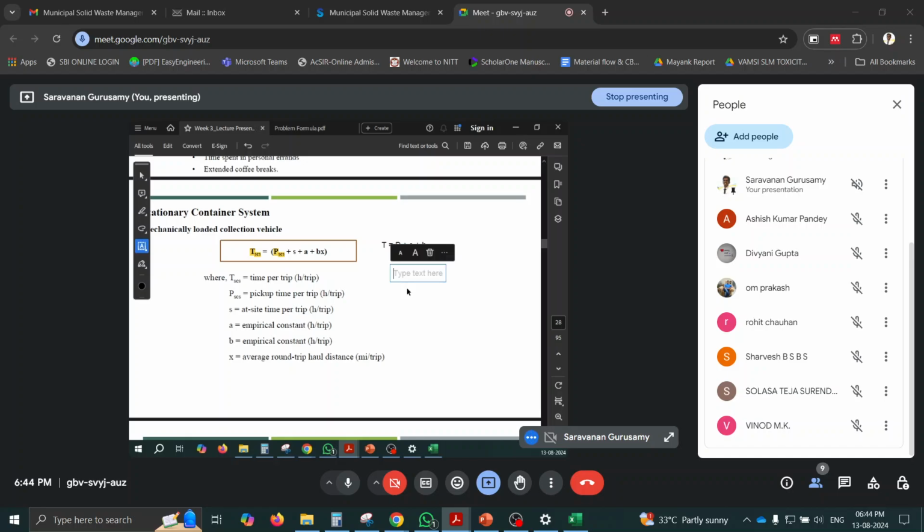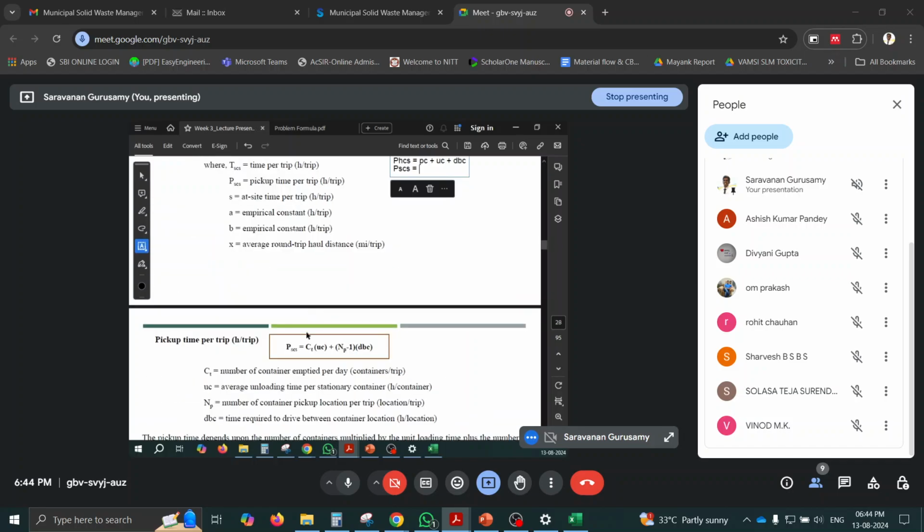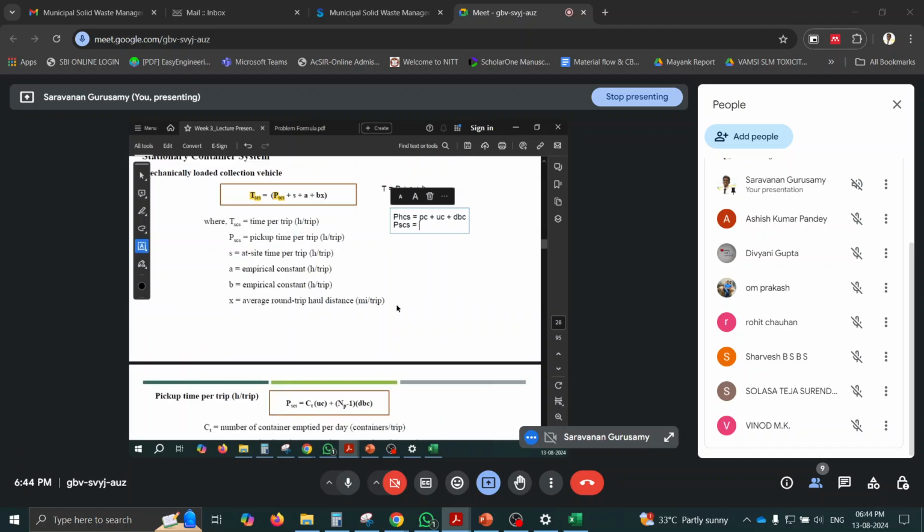In the haul container system, the pickup time will be unload, load, unload, and the distance traveled between. But in the stationary container system, it will vary as CT of UC plus, as I mentioned, the number of locations captured minus 1 into DBC.